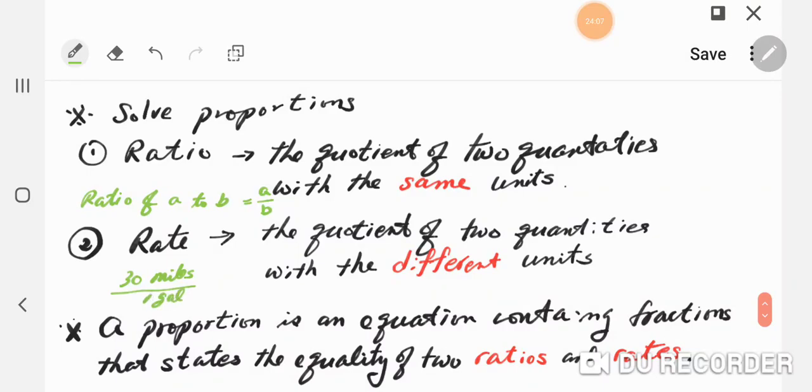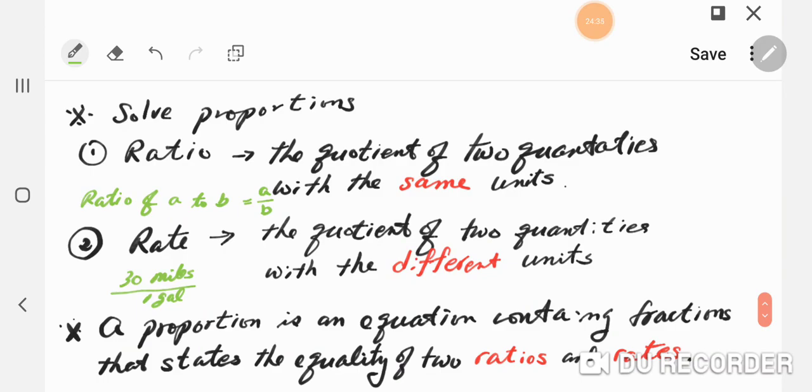With 2 gallons, you can drive around 60 miles. So rates use different units and ratios use the same unit. A proportion is an equation that states the equality of two ratios or two rates. So we use the ratios or rates to write an equation. That is the proportion.